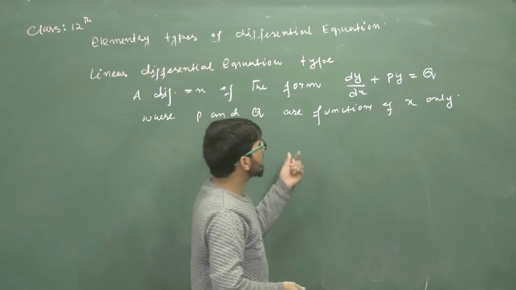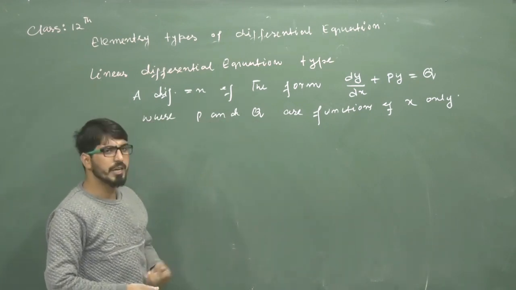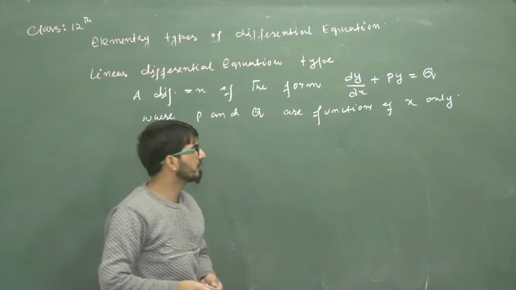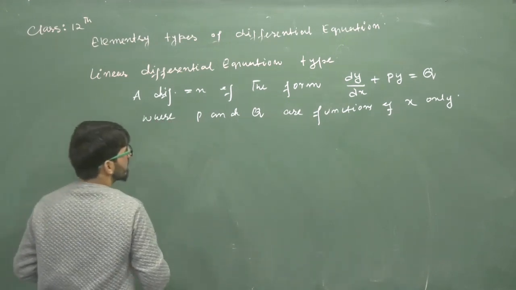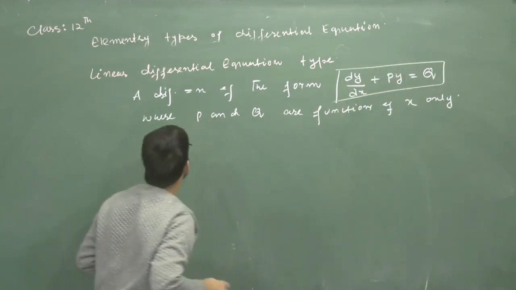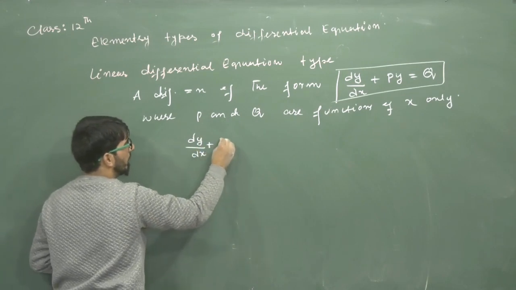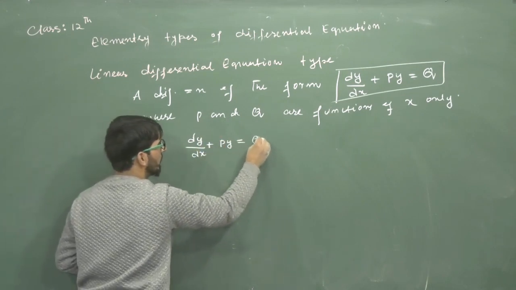Now, what is the procedure to solve such differential equations? Let's write it here: we have dy by dx plus py is equal to q.